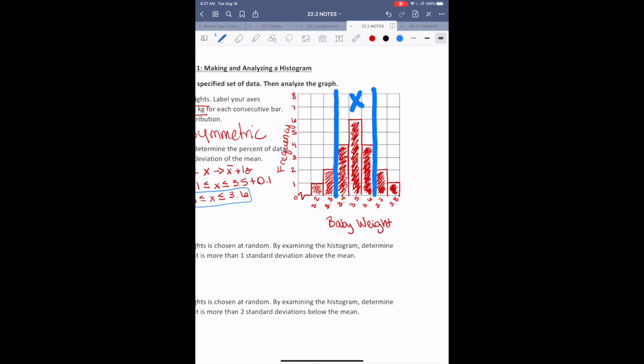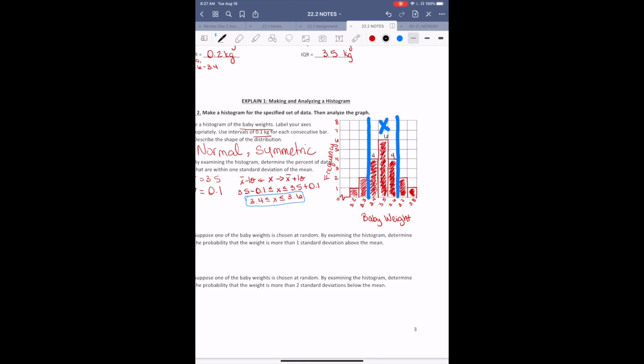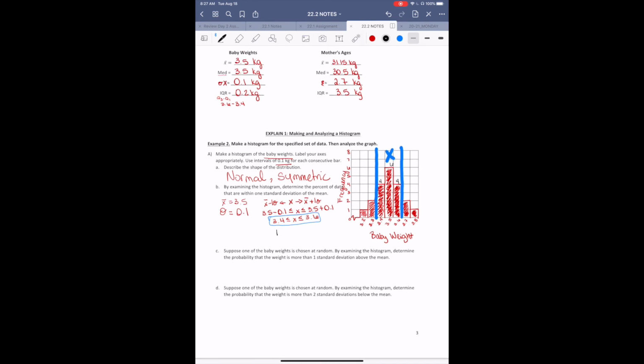This is the amount of data we are looking for. How much data is within 1 standard deviation of the mean? Well, how do we determine? We add them. We know that there's 4 data items here, 4 data items here, 6 data items up here. So it's 6 plus 4 plus 4, right? That gives us a total of 14.